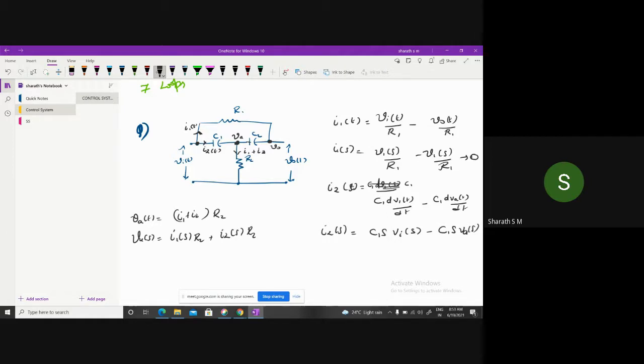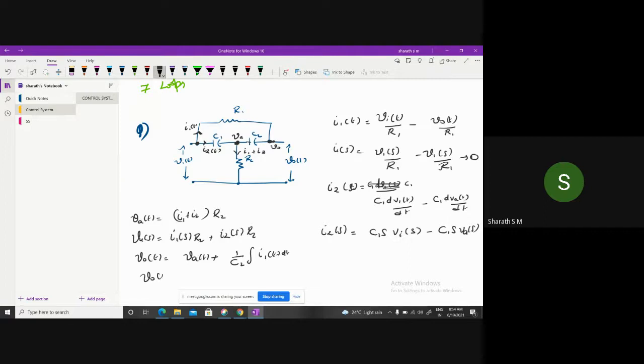In the same way, the last node voltage, that is V0. V0 of t is equal to the voltage VA of t plus the voltage across this capacitor, that is 1 over C2 integral of the current through this capacitor, I1 of t dt.